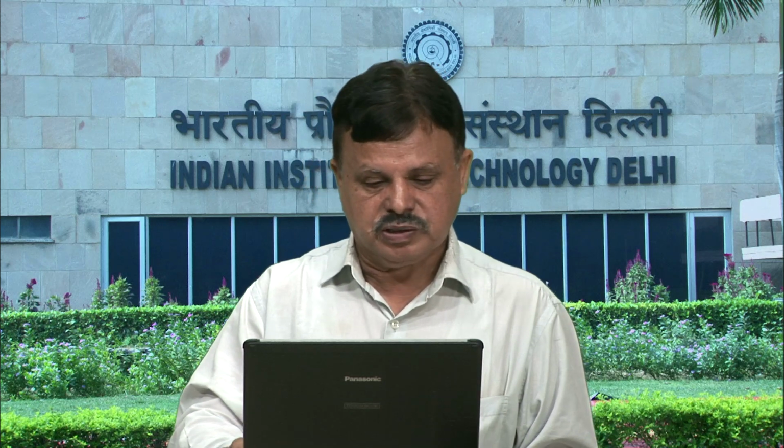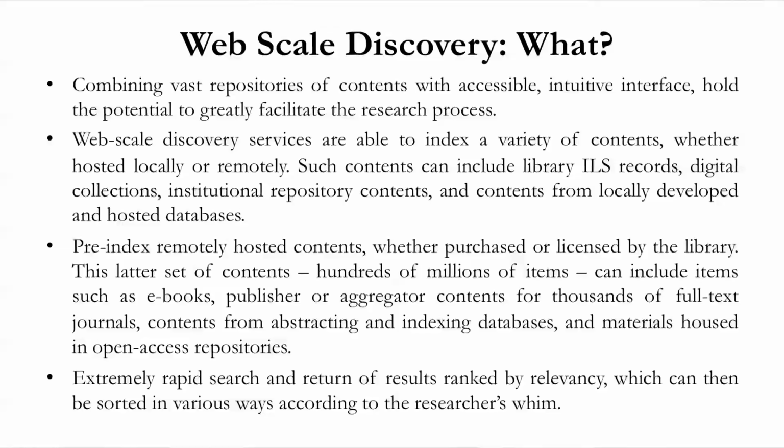So, what exactly is Webscale discovery? Let us understand the features of a Webscale discovery platform and the important points. Basically, Webscale discovery systems combine vast repositories of content with accessible interfaces and hold the potential to greatly facilitate such processes. What a Webscale discovery system does is integrate all the resources at one place, and it also strengthens the searching process.